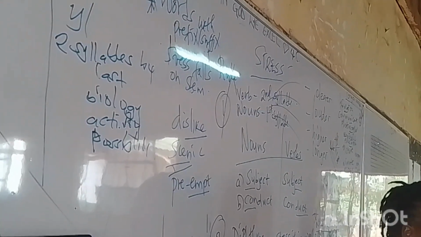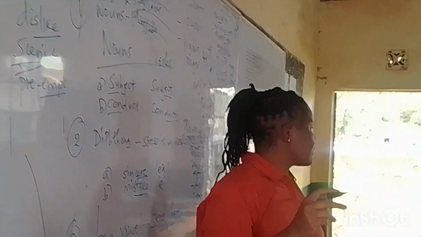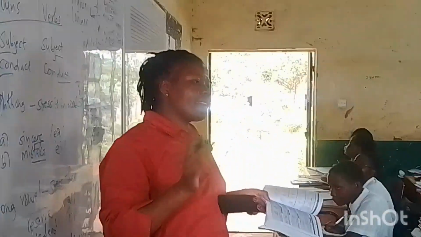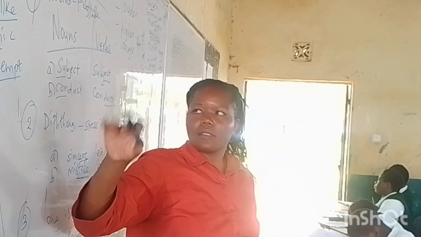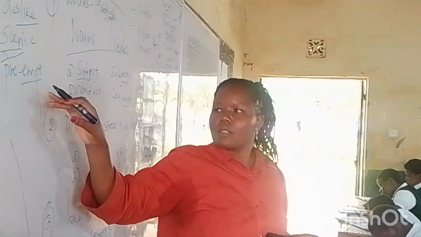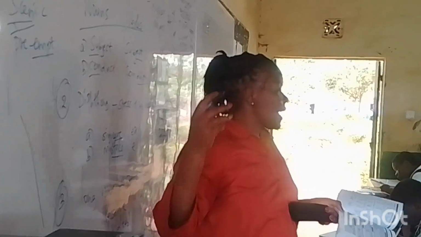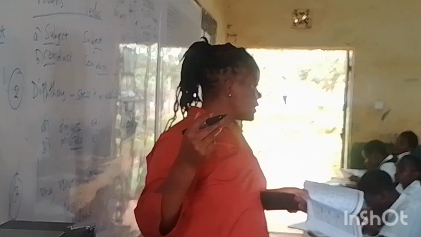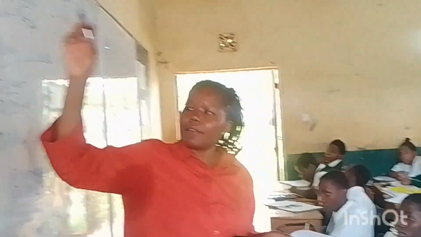Un, any other? Yeah? Re. So when you see a word that has a prefix, you stress the stem word. Like dislike, so you emphasize like. Preempt, empt. Disconnect, where do we stress? Connect.